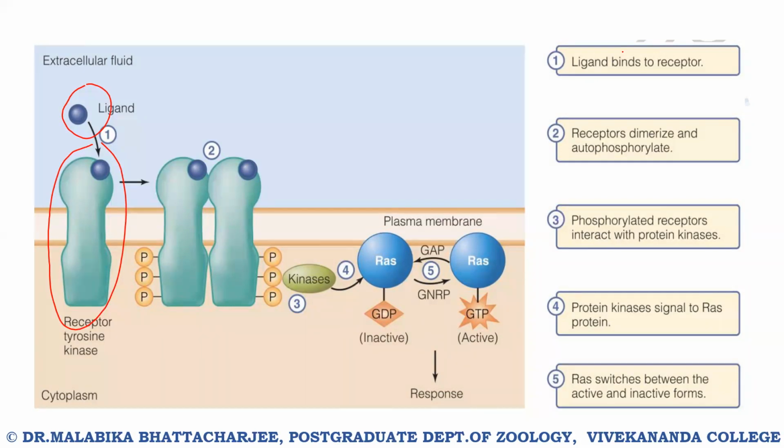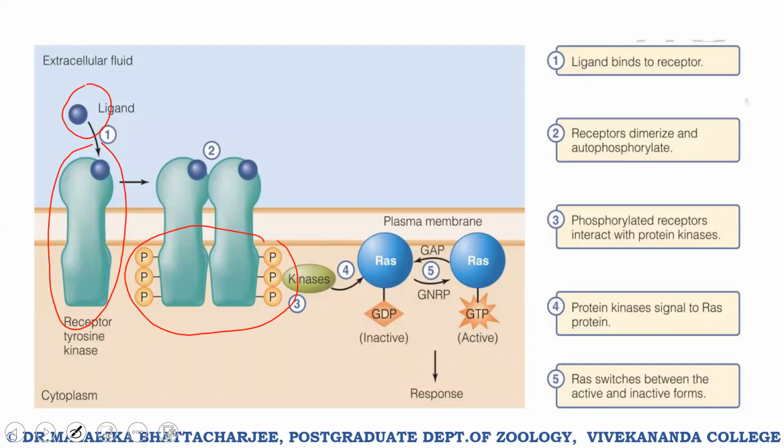Now, as this picture tells us, the moment there is a signaling protein binding to the ligand on the outside of the cell, the intracellular tyrosine kinase domains are phosphorylated on the tyrosine residues.